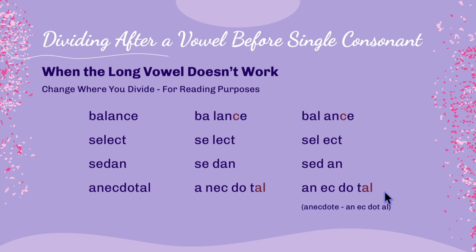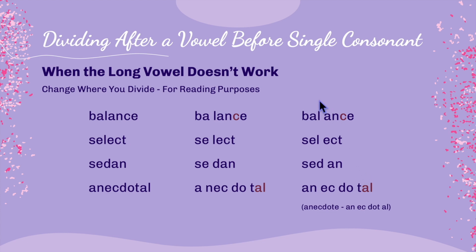One thing I need to point out is that the end of a word, AL, usually schwas and sounds more like ul. So let's try it with a schwa. Anecdotal. I would like to point out that the root of this word is anecdote. For that reason, the dictionary has it divided into syllables this way, where this looks like it would be a closed syllable with a short O. So dividing it this way is to help us read it.